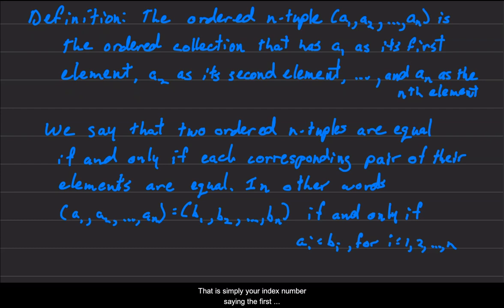That is simply your index number saying the first element, second element, and so on are all equal.